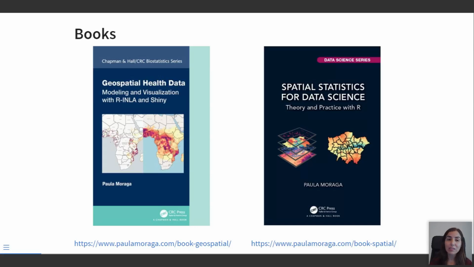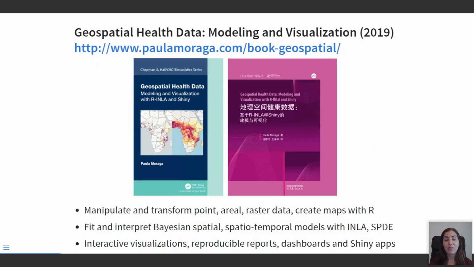These books are published by CRC, but they are also freely available online and help researchers develop solutions for health and environmental problems. My first book, Geospatial Health Data: Modeling and Visualization with R-INLA and Shiny, was published in 2019 and has been translated to Chinese.